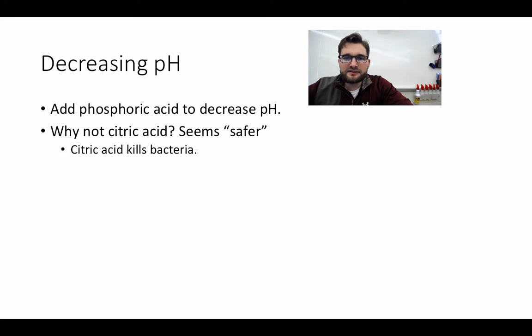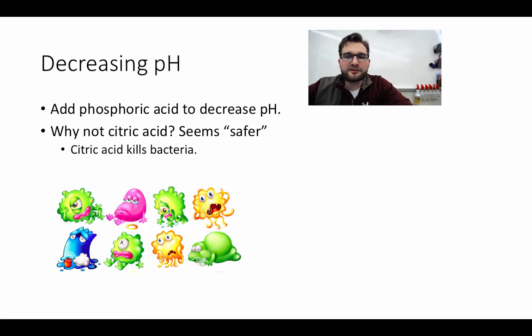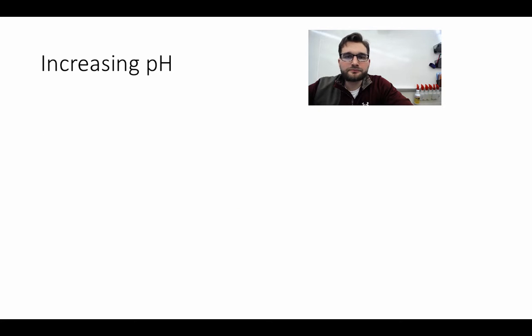What we find is that actually citric acid kills bacteria, and we want those bacteria in our system. The bacteria are going to help to promote the movement of the nitrogen cycle inside of our system. So taking the ammonia, converting it to nitrite, and converting that to nitrate, ultimately we want that to happen, and without bacteria, the nitrogen cycle is not going to function correctly.